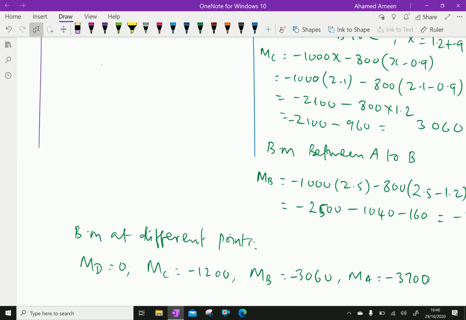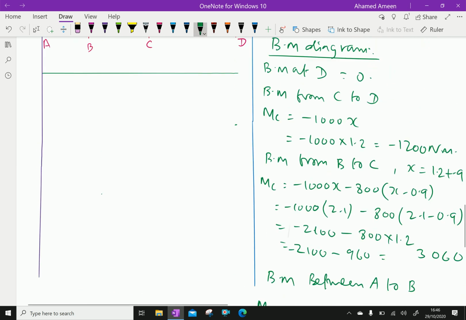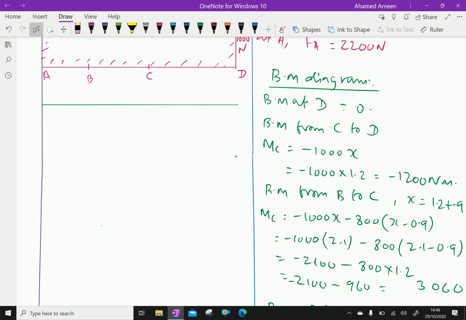Next is minus 3060. Here the BM at D is 0.